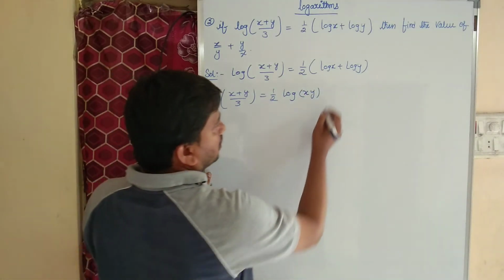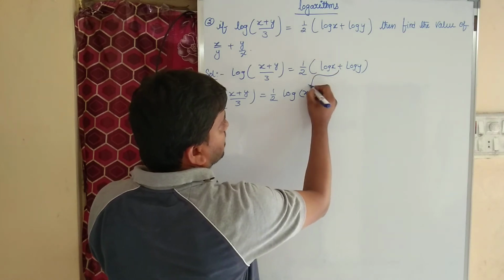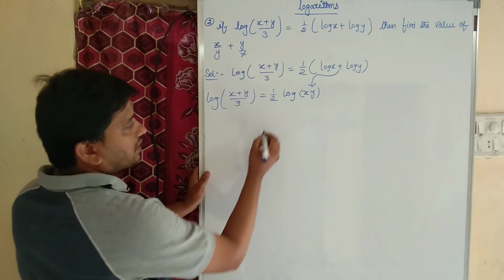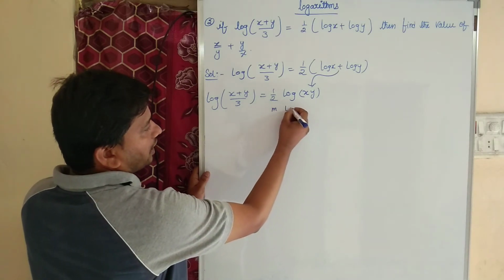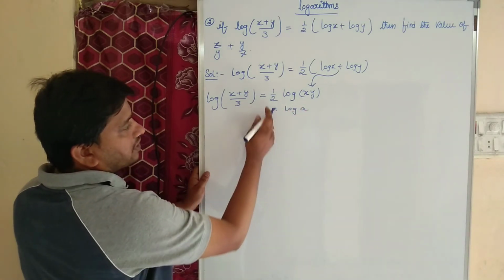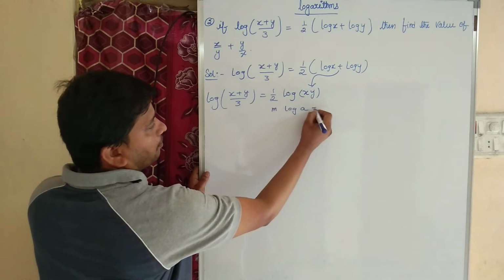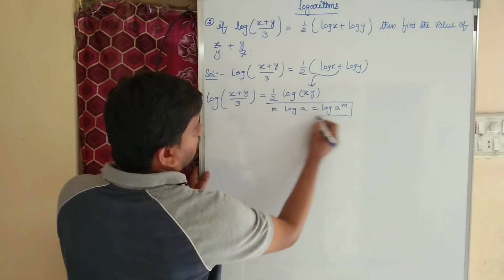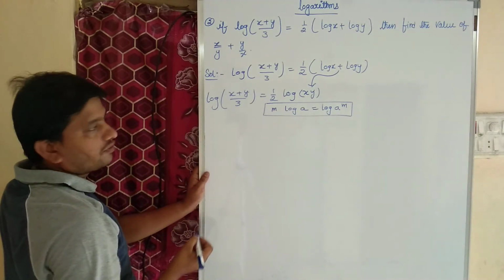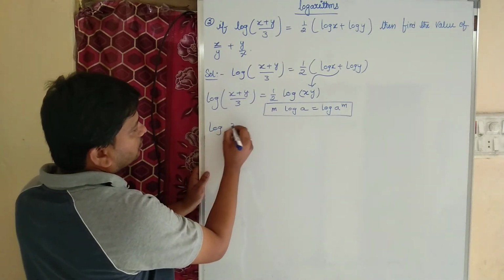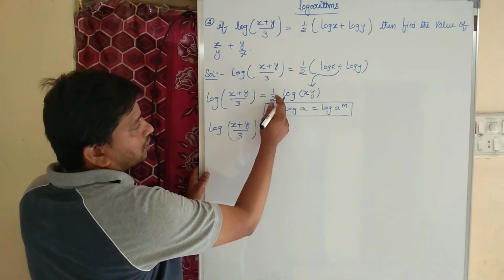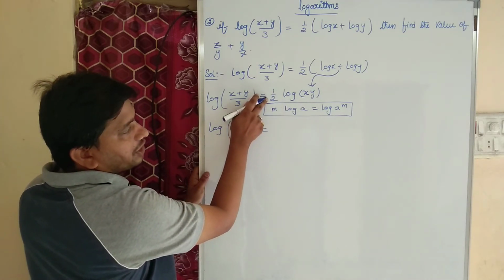So this is the only formula. We wrote log x plus log y as log x into y. Now if you observe here, children, which is in the form of m log a. M log a I can write as log a to the power of m. So log of x plus y by 3 equal to, power m is there, no, it goes into the power.